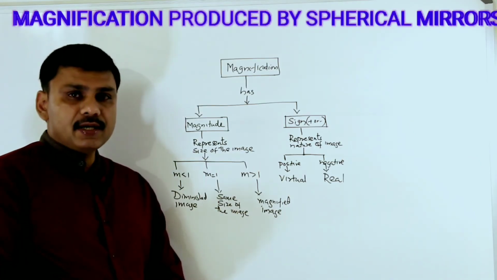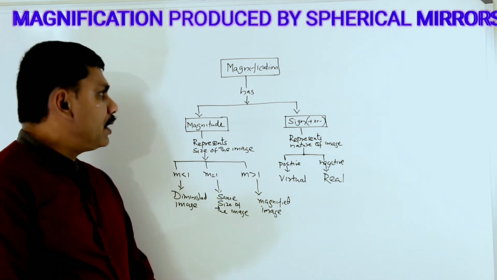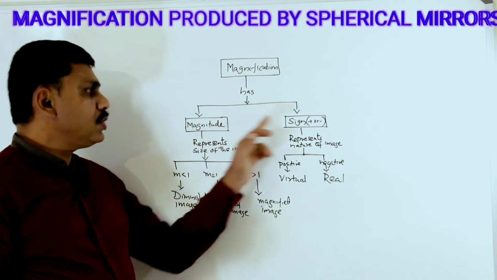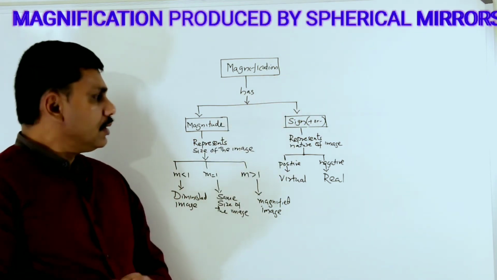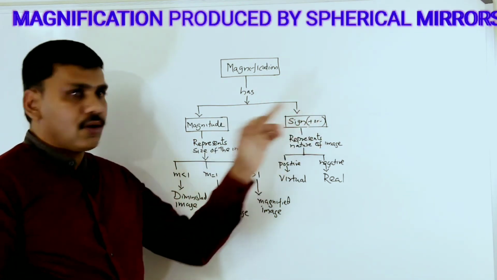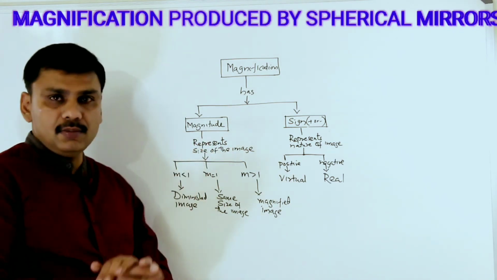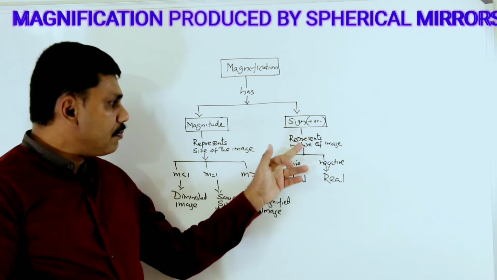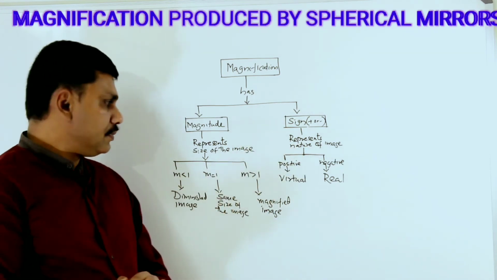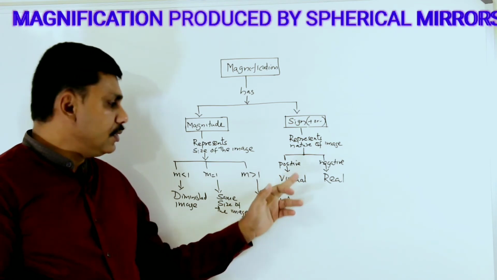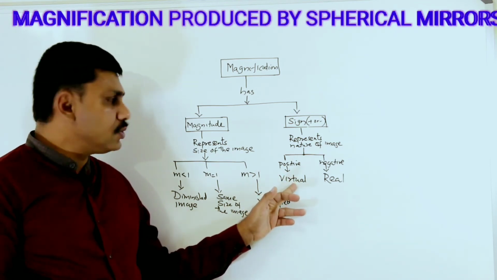This is an explanation of the magnification produced by spherical mirrors. Magnification has a magnitude and a sign. The sign can be plus or minus. Magnitude represents the size of the image. Sign represents the nature of the image. If the sign is positive, the image is virtual.